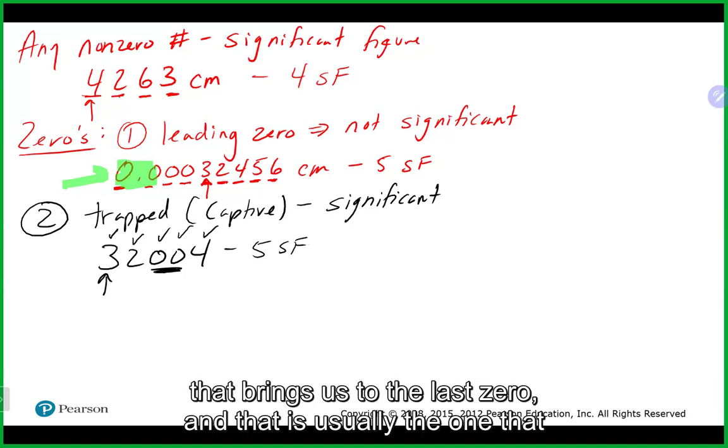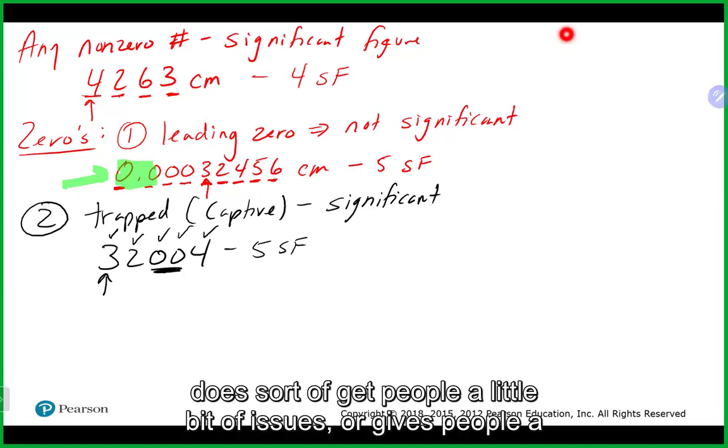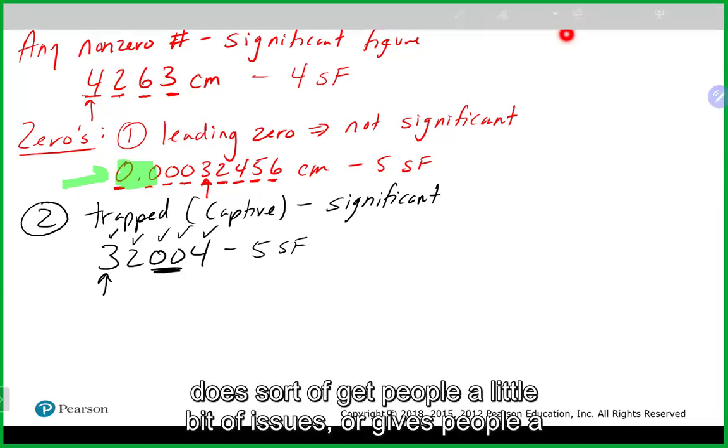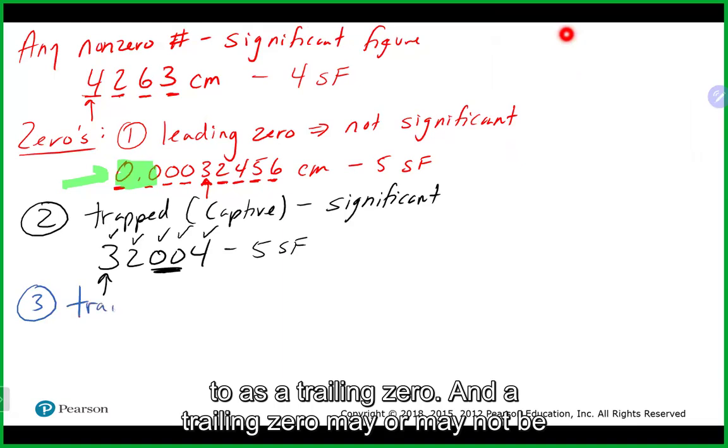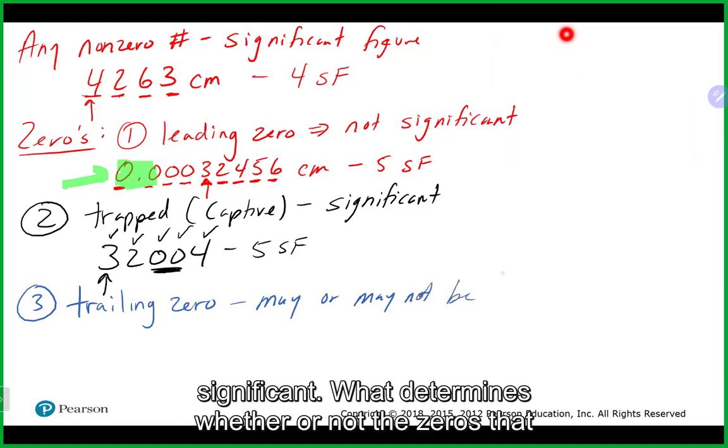All right, that brings us to the last zero, and that is usually the one that gives people a little bit of issues. These are sometimes referred to as trailing zeros, and a trailing zero may or may not be significant.